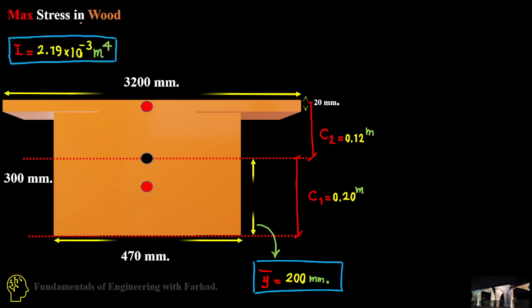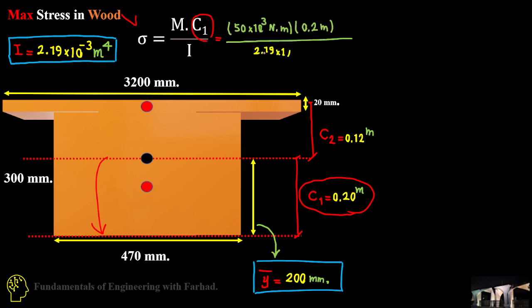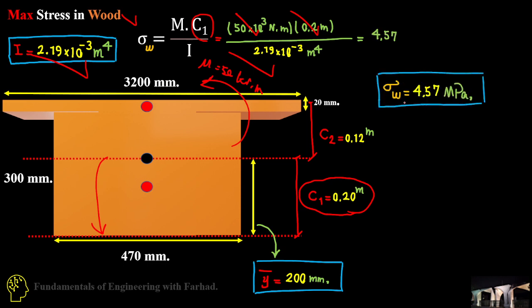To first calculate the maximum stress in wood, go all the way down to the farthest distance of wood from the centroid of the entire section, and we call that C1, 200 millimeters or 0.2 meters. Then replacing the numeric values: M is already provided in the problem statement, 50 kilonewton meters, the distance is provided, and I is from here. If you do the math, it gives you the maximum stress in wood.